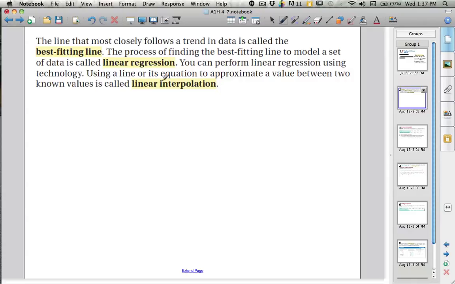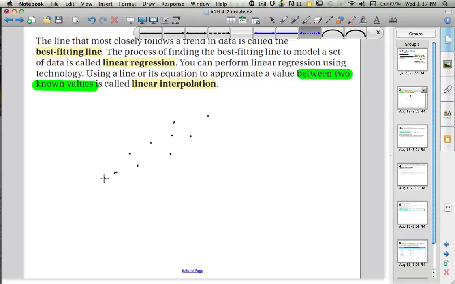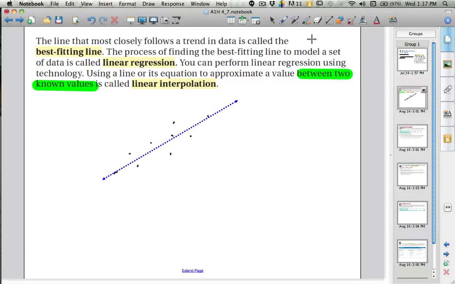This is important. Using a line or its equation to approximate a value between two known values, that's the key thing, is called linear interpolation. So let's say I've got data, and then I create a line of best fit for my data.